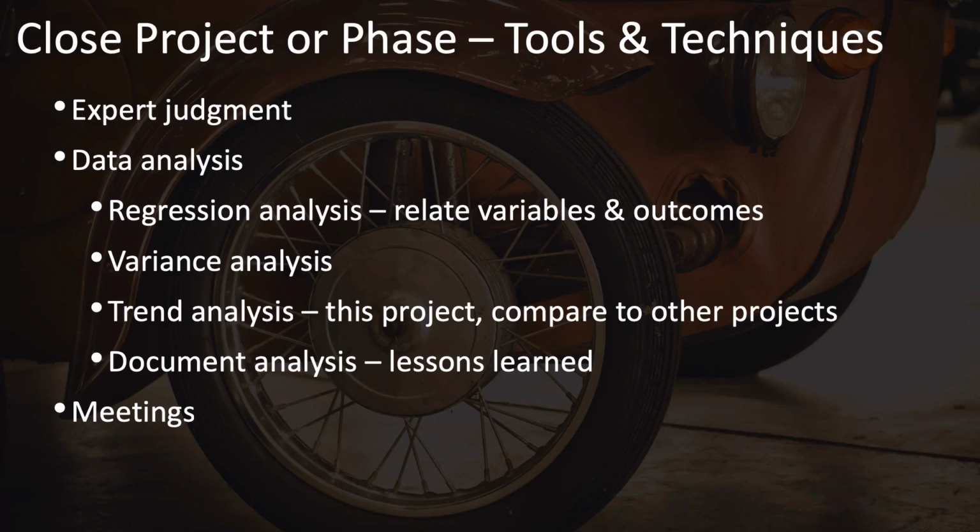Trend analysis, not only to view the trends within your project, but also to compare your project to other projects. This may generate some interesting lessons learned that you can analyze along with all of your other lessons learned and include in your organizational process assets lessons learned repository. Doing all of this will, of course, involve some meetings as well.